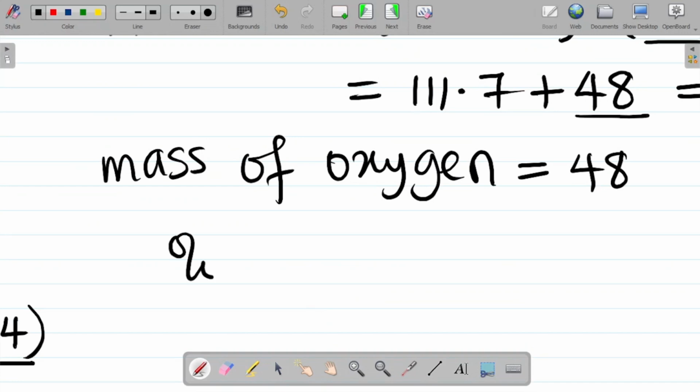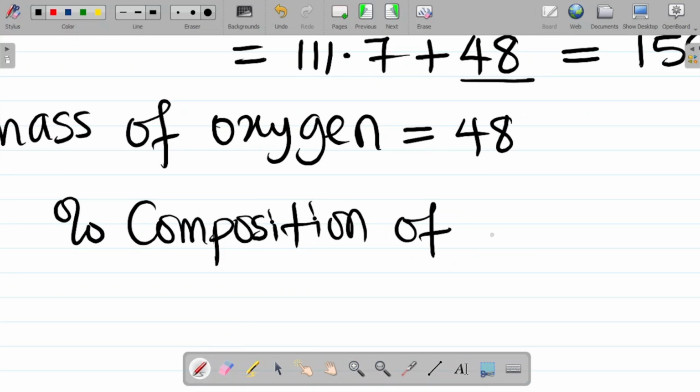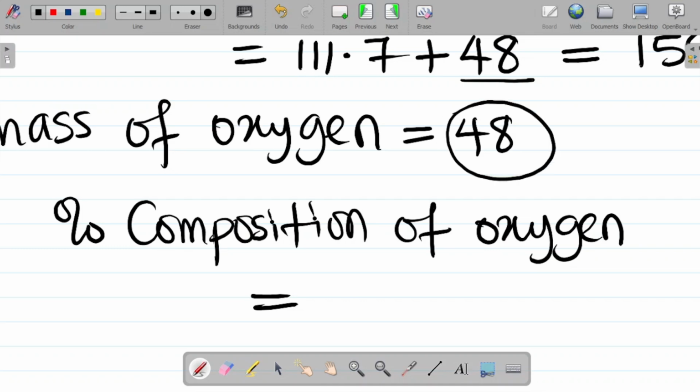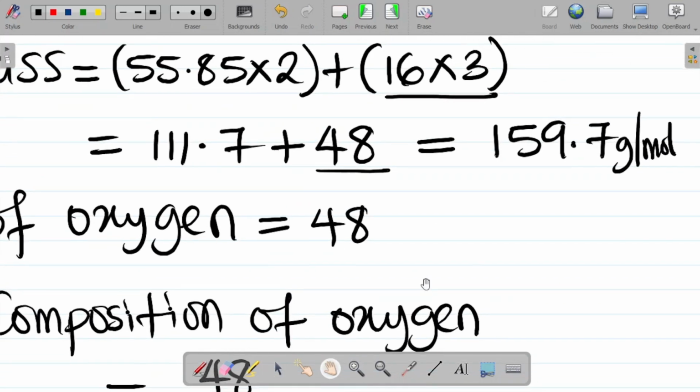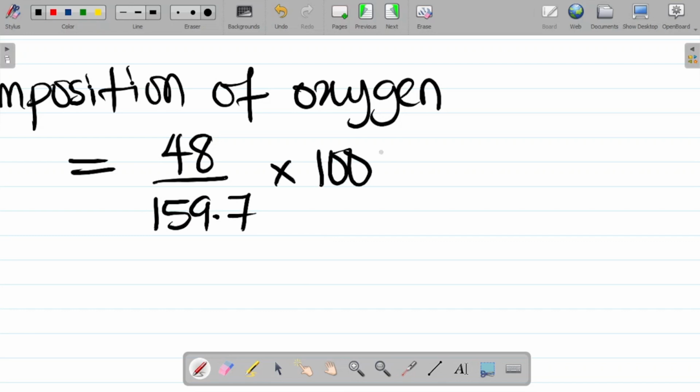So we have that the percentage by mass composition of oxygen, for oxygen, will be equal to the mass of oxygen, that's 48, all over the molar mass of the compound, 159.7, times 100%.